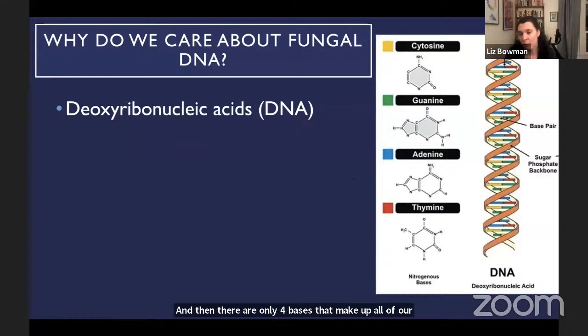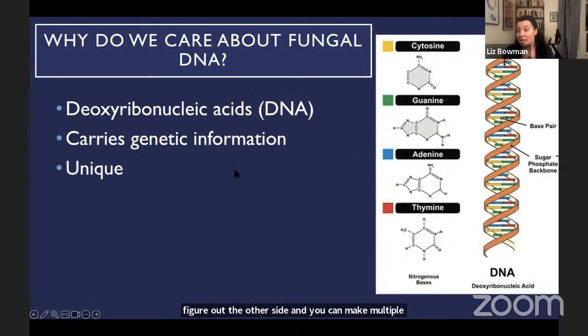Humans have about 3 billion bases in our genome. So it's really long, and really, it's just made up of these 4 bases. And so you have set connections. Cytosine always pairs with guanine on either side, and then adenine with thymine. And so it makes it really easy. If you know one sequence of DNA, you can figure out the other side and you can make multiple copies of it.